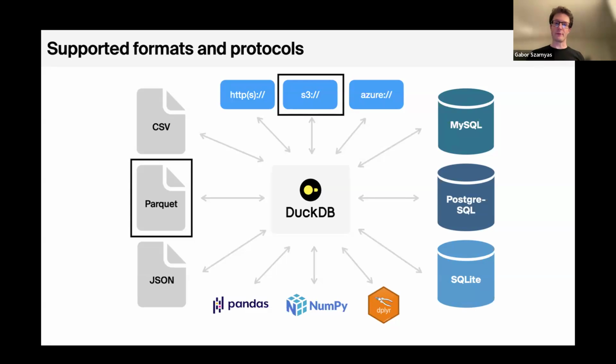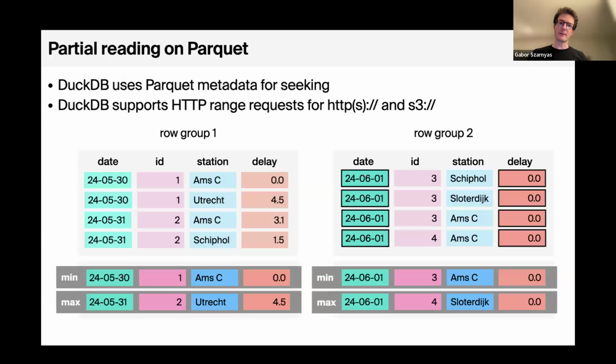Instead, they work together. For example, if you use your laptop and you want to query a Parquet file that's stored in the AWS S3 cloud, then these integrations work harmoniously to reduce your network traffic and your AWS bill at the end of the month. And the way they do this is that Parquet, the data format, actually has very similar ideas to the DuckDB database representation. It has row groups and it has min-max indexes.